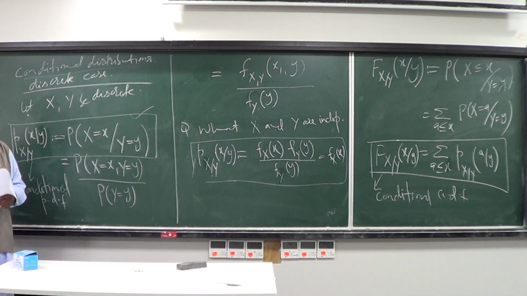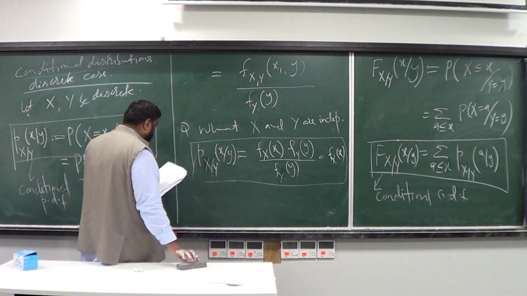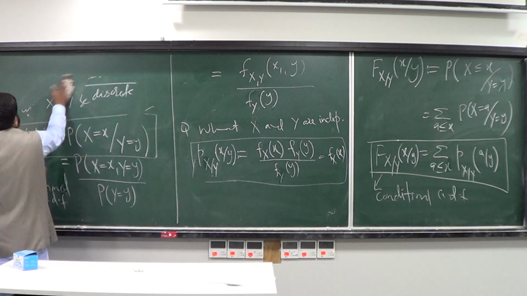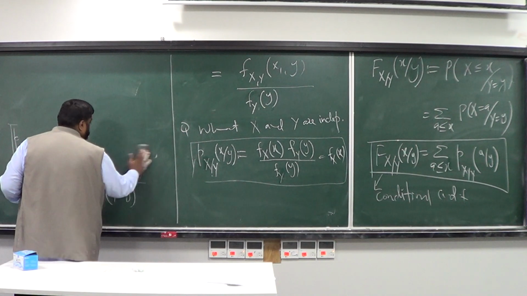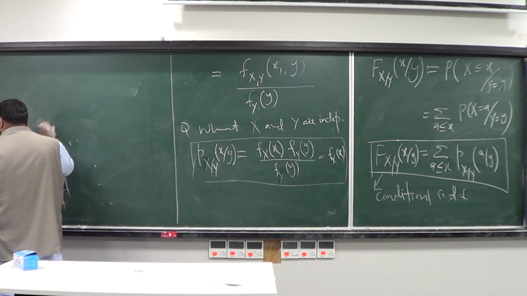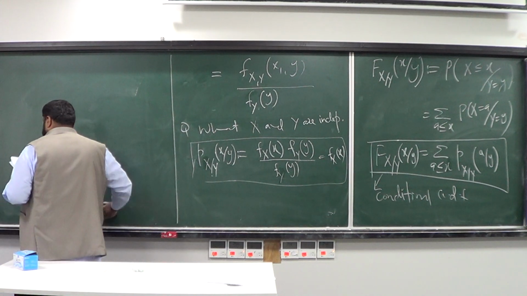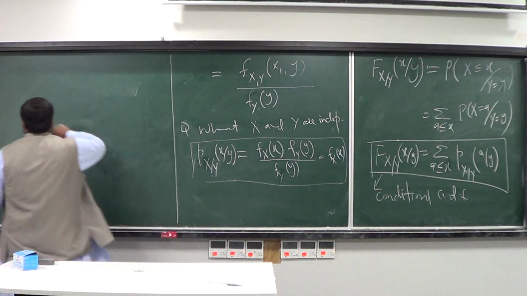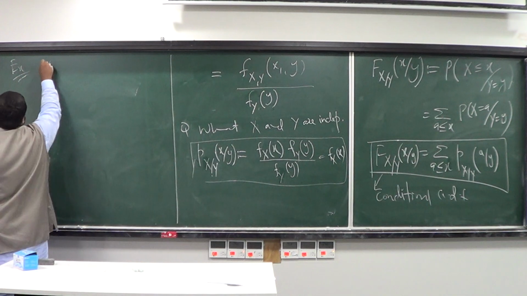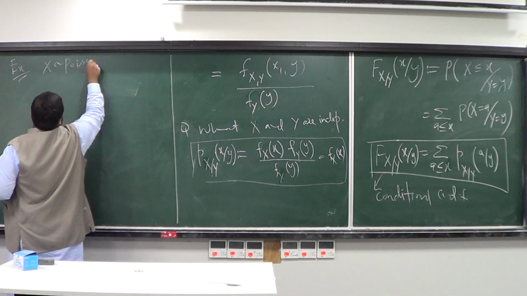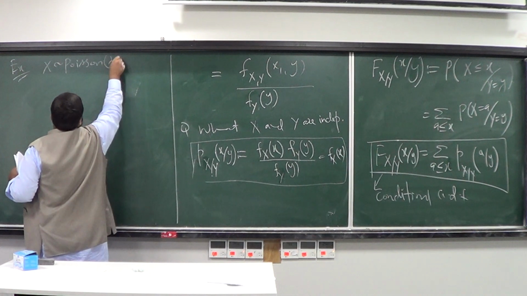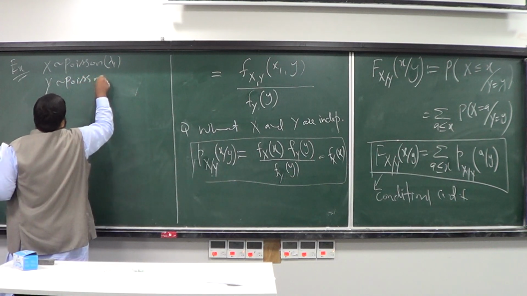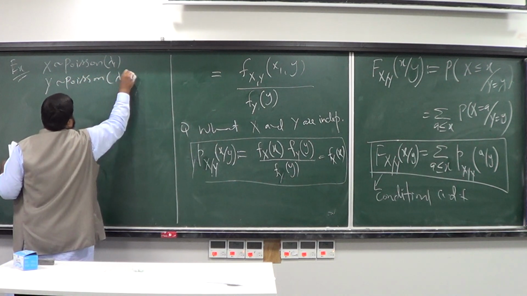Now let's do some examples. Let's compute the conditional PDFs. So the first example that I would like to take is: imagine you have two independent Poisson random variables. So imagine X is a Poisson random variable with parameter lambda 1, and Y is a Poisson random variable with parameter lambda 2.